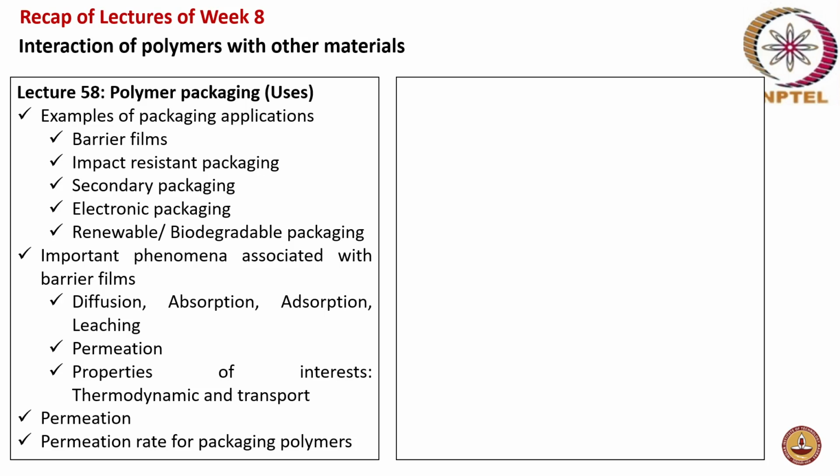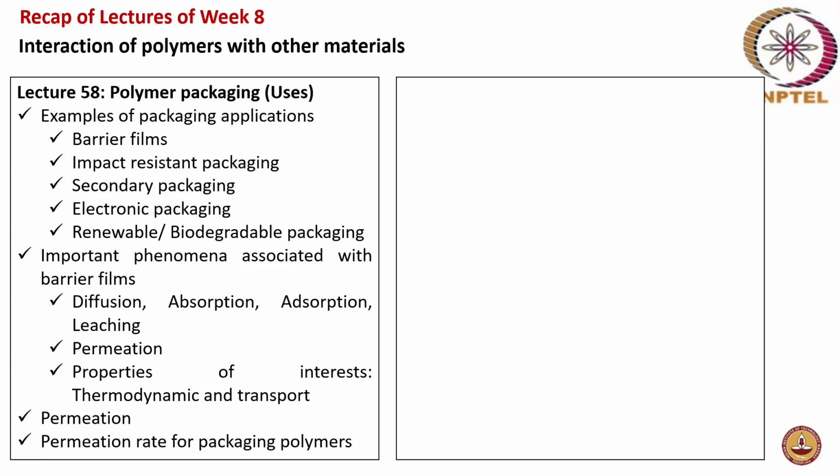These plasticizers should not interact with your food material and leach into it. If it gets into the food, it may be carcinogenic in nature, so it will affect your health. So it should not leach out of the polymer. Similarly, gases or moisture should not enter from the environment into the packaging. These phenomena are important to understand if you are going to use polymers in packaging.